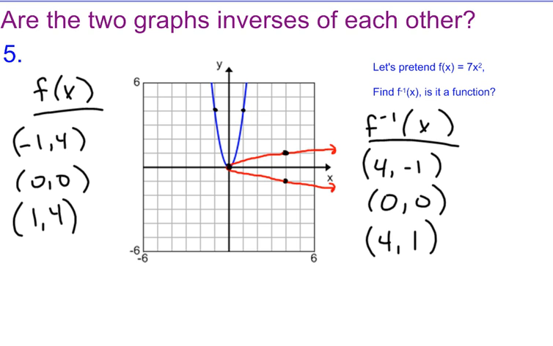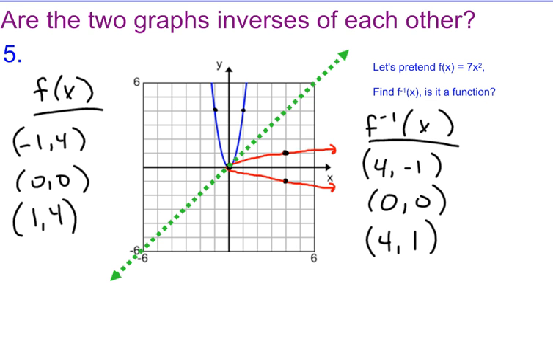So I think we can say that these are inverse functions, right? I forgot to draw my line in. Let me do that for you too. The y equals x. They are inverses of each other. And you can see how when you fold across that line, how they could line up, right?